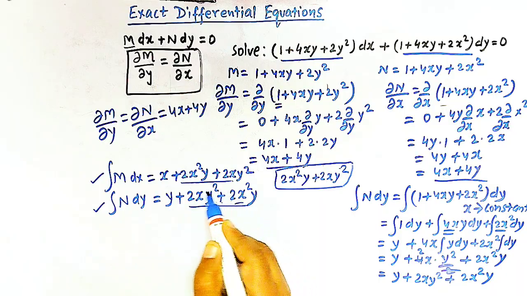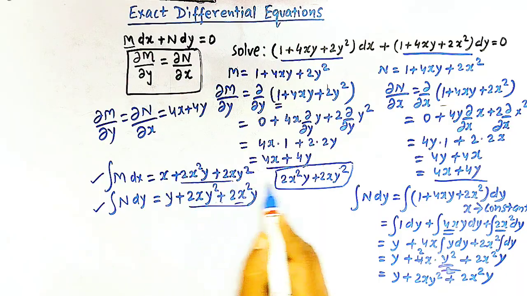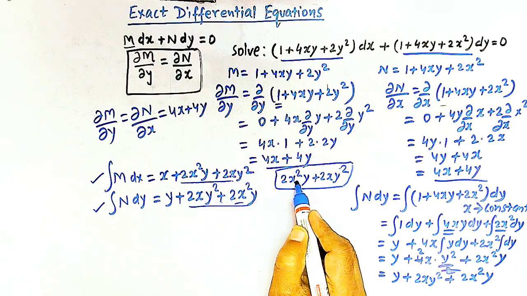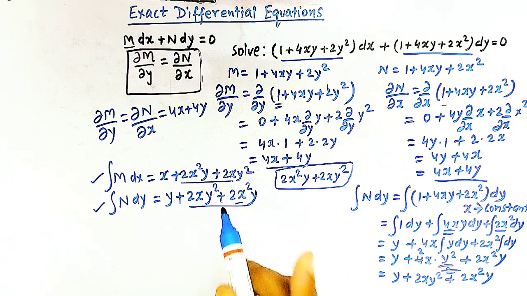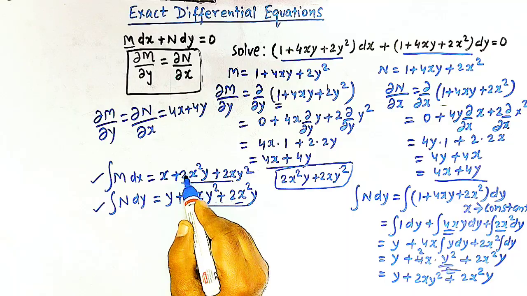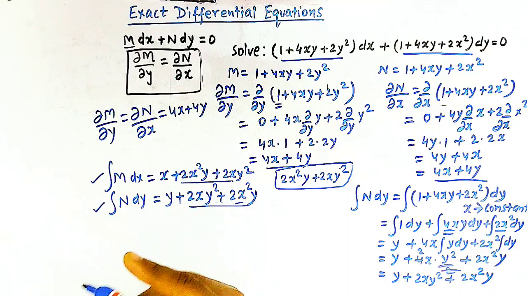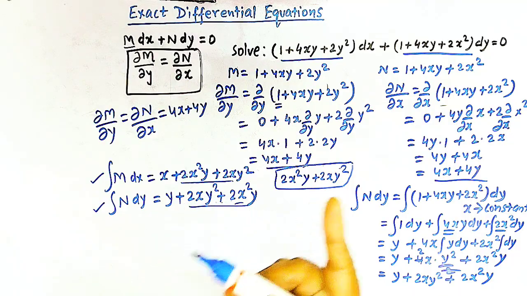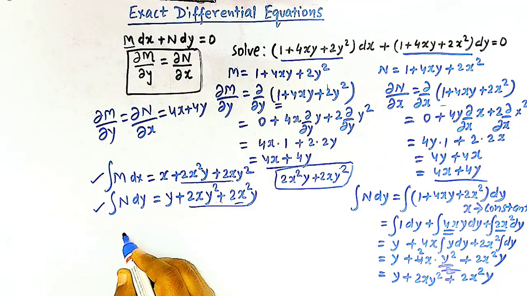So these terms have to be considered only once while taking the sum of these two expressions, and then the sum is equated to some constant c.